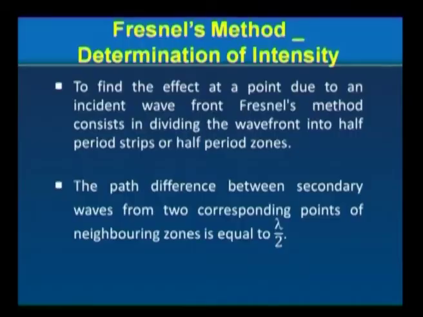It may be a single slit or a circular hole or an aperture, as we have seen in the previous lectures, or a thin wire or a straight edge. These are the problems we have tackled, and how these problems were discussed by Fresnel with regard to the diffraction patterns that are obtained for these problems.